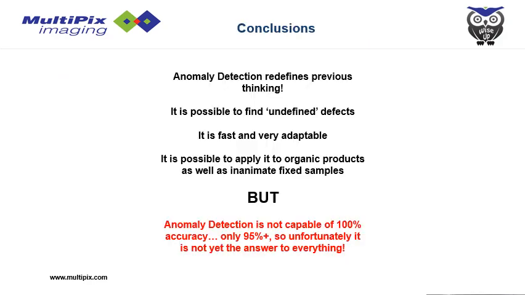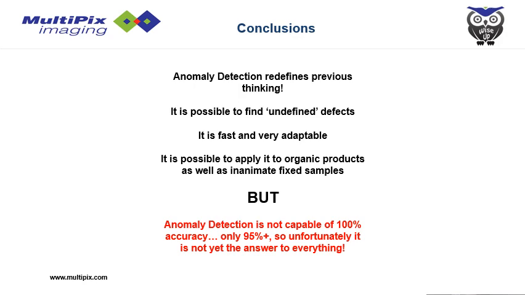So I did say it was a pretty brief outline of trying to get your head around what anomaly detection is all about. These conclusions are probably a good summary of what we talked about. As the title of the presentation said, anomaly detection redefines previous thinking, because we can look for things that we don't even know we're looking for.